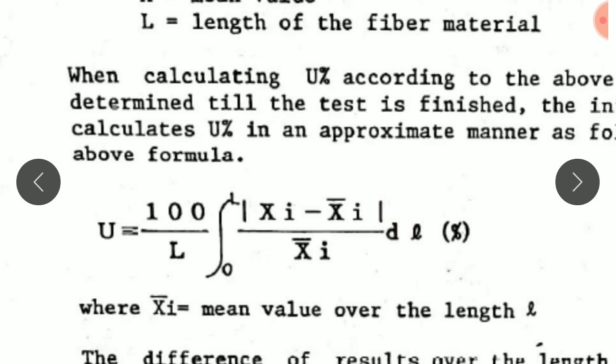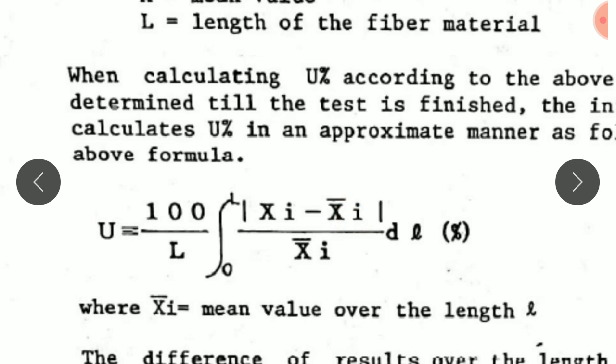That means instead of taking deviations from the final mean, it takes deviations from the instantaneous value of the mean. Whatever material has been run or tested, by that time the mean value of that is being determined, and then it is computing the deviations of the readings from that mean.